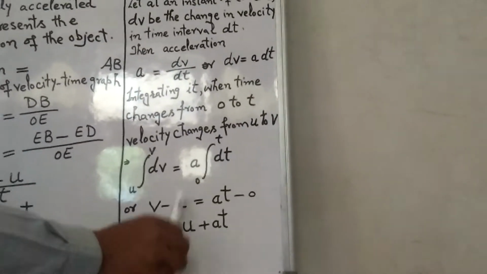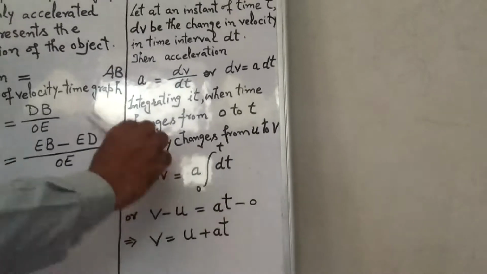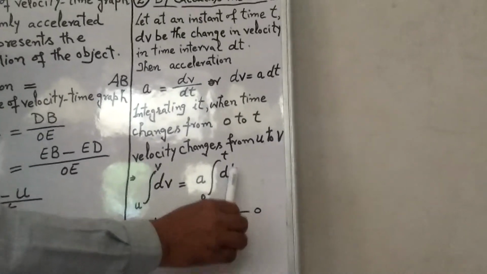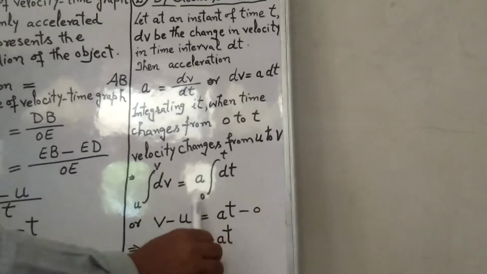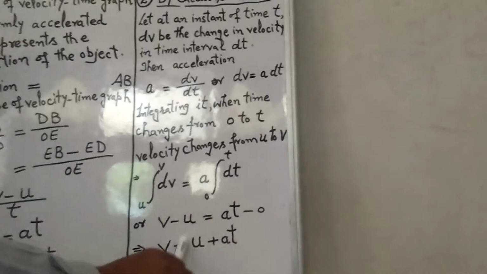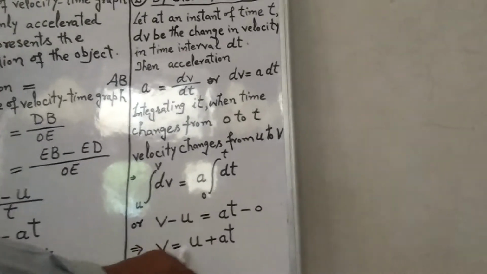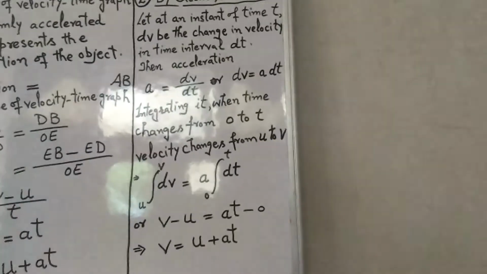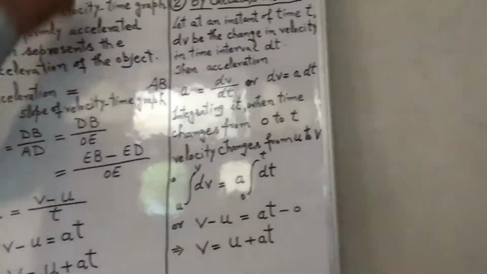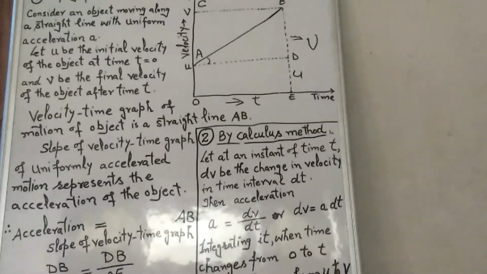That is v - u = a, which is constant here, times t - 0, the upper limit minus the lower limit. So v = u + at. This is how, by the calculus method, we have derived the relation v = u + at. Thank you.